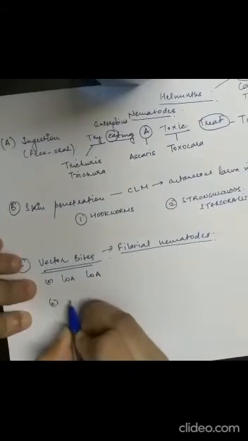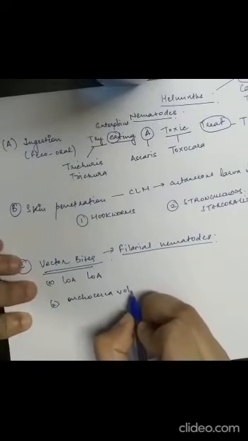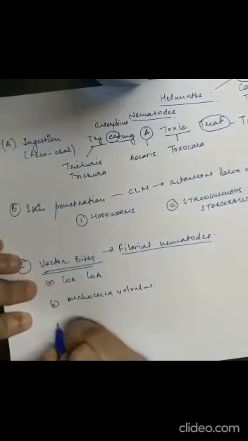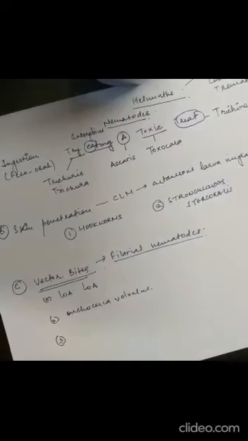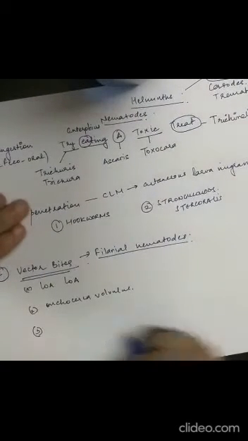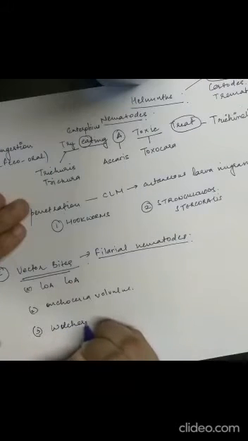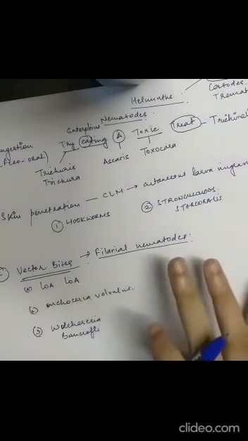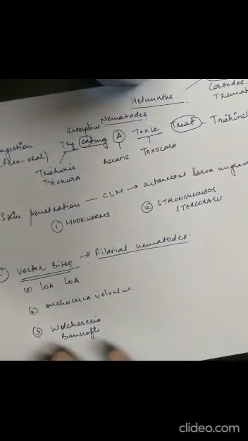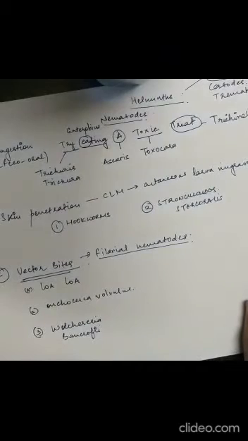Second is Onchocerca volvulus. You can correct me if I'm wrong, because I am also not too good at memorizing things. And then is Wuchereria bancrofti. So these three are filarial nematodes, and these three are the ones that are going to spread through vector bites. So let's start from vector bites.